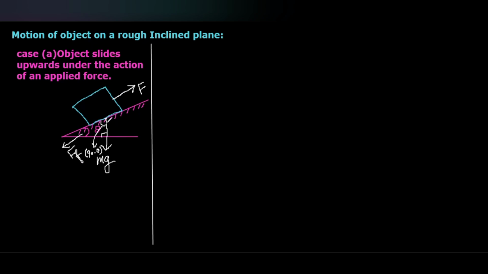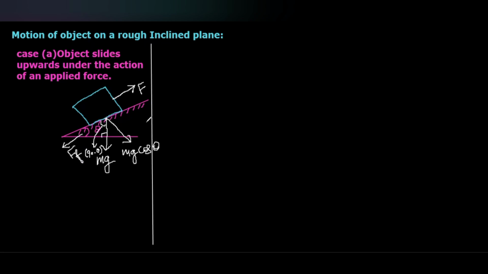This inclined force mg we will resolve into two components with respect to the reference inclined surface. This vertical component will be mg sin(90 minus theta). But sin(90 minus theta) becomes cos theta. So the vertical component will become mg cos theta.